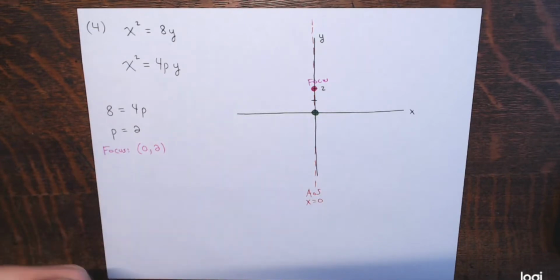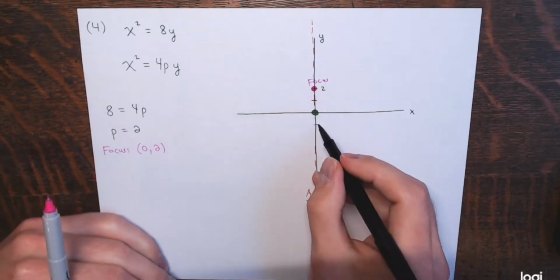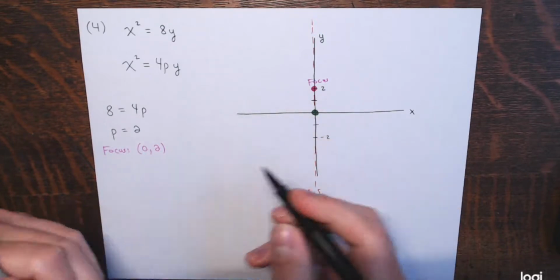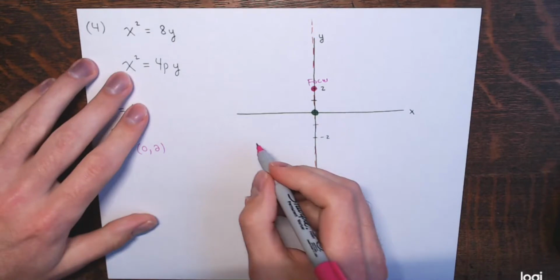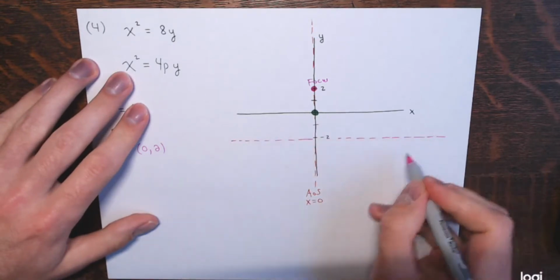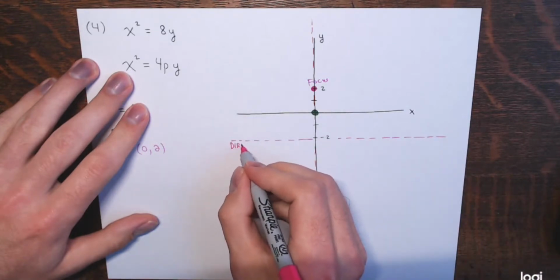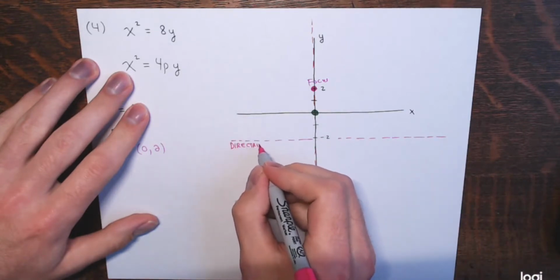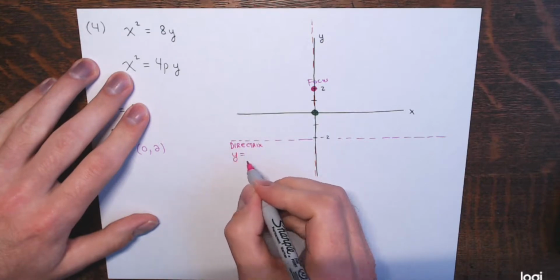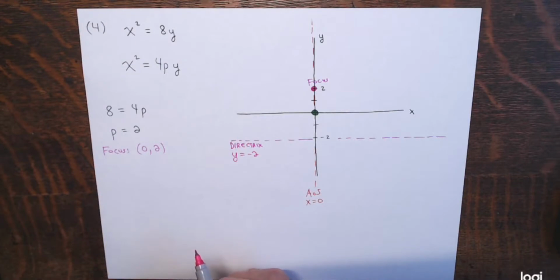And if I went 2 units above the vertex for the focus, go 2 units below the vertex to get my directrix, which will be horizontal if the axis of symmetry was vertical. So this directrix is y equals -2. That's a horizontal line.